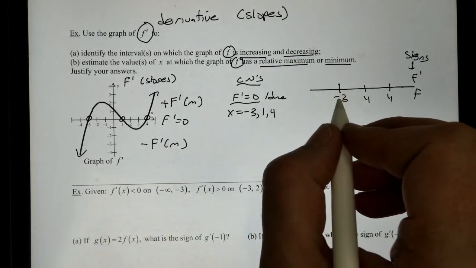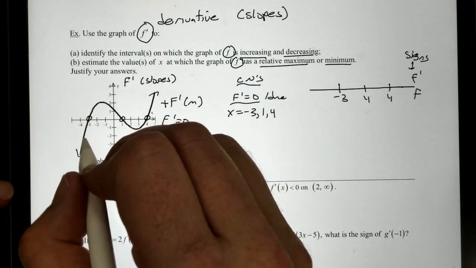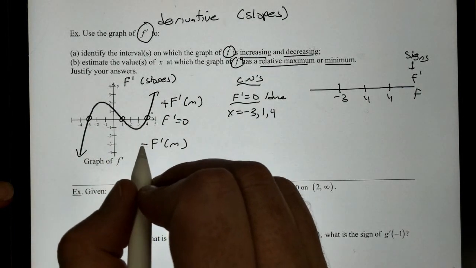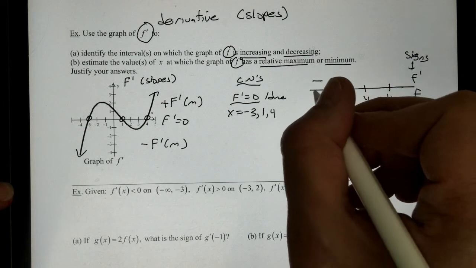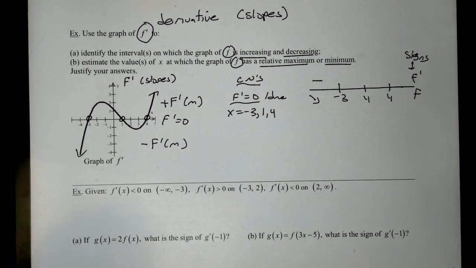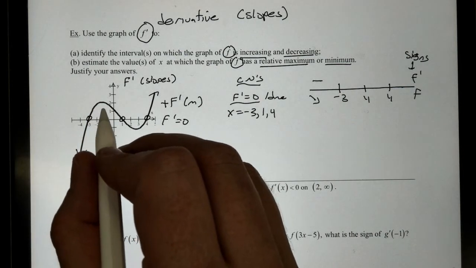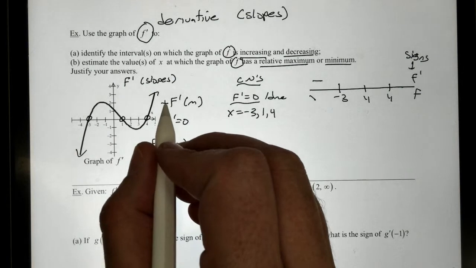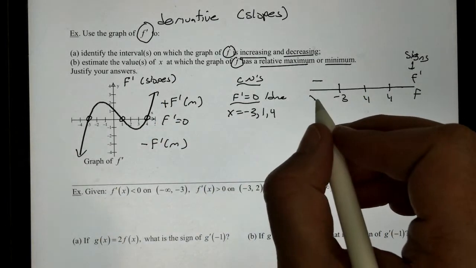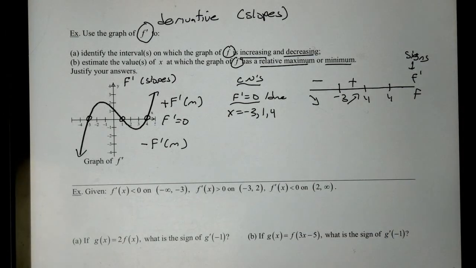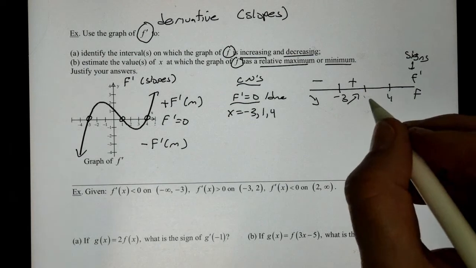So if we look before negative 3 here, notice we're below the x-axis, and that tells me that my derivative is negative here. So I know before negative 3 the graph is going down, like a disco clown. Between negative 3 and 1, we're above the x-axis. Well, that's telling me that my derivative or my slope is positive. So it's going up, like a disco duck. Sorry, that should have been a 1, not a 4.